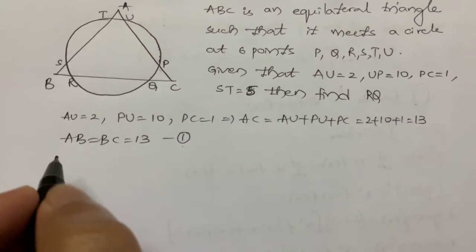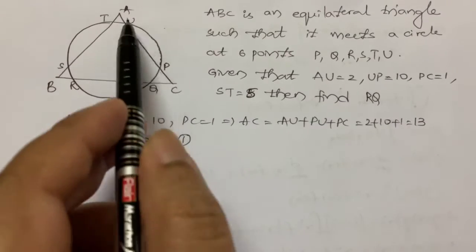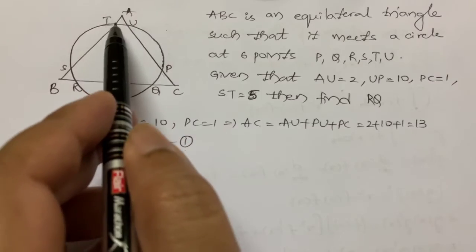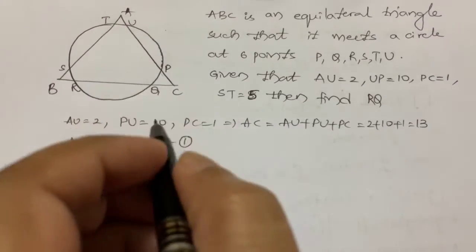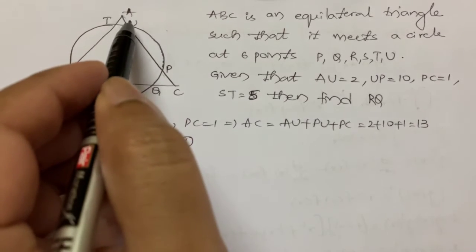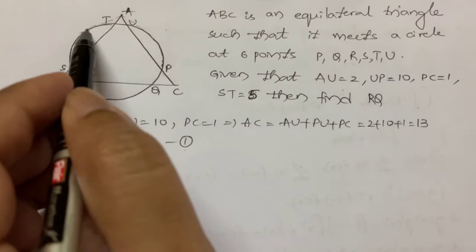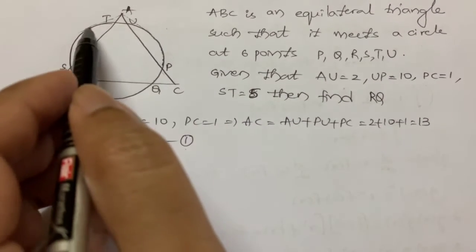So using power of a point, this line is meeting the circle at two distinct points U and P, and again from A it is meeting at T and S. If I draw a tangent from A to the circle, and another tangent, these two tangents will be of equal length.